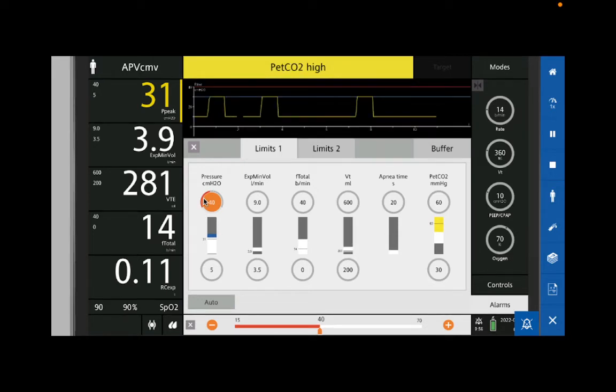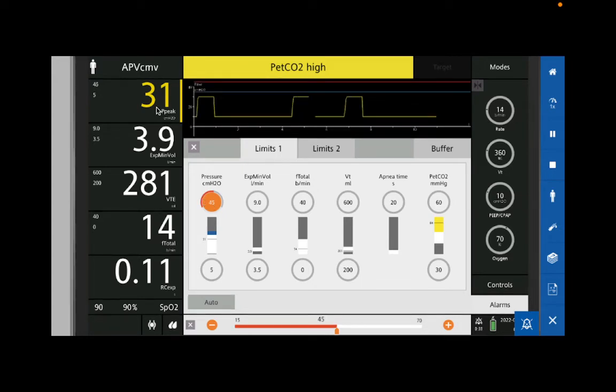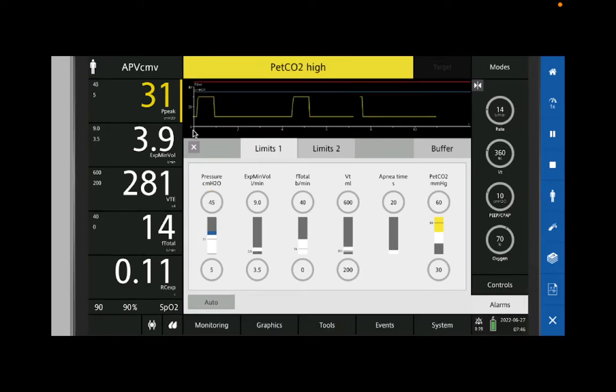But on PRVC, the machine is setting the pressure internally, and it says, I'm going to stay away from this number. Some machines stay away by 5 or some by 10. This machine stays away by 10. Our machines stay away by 5, okay? So let's increase this high pressure alarm a little bit. So if it's at 45, it should limit it at 35, okay?